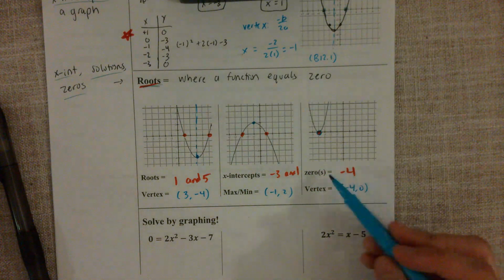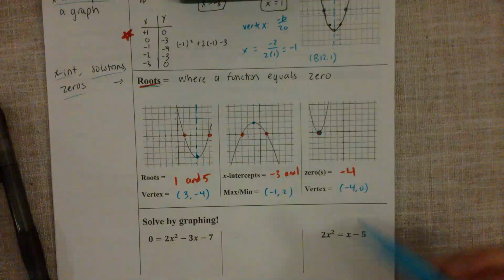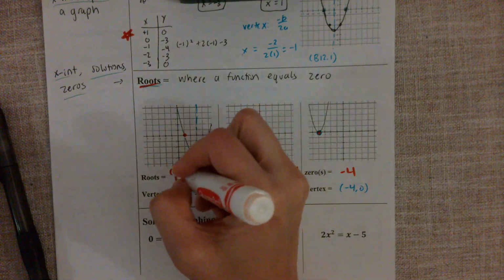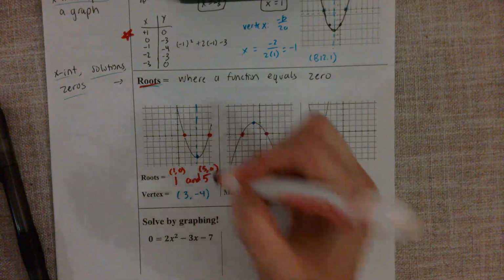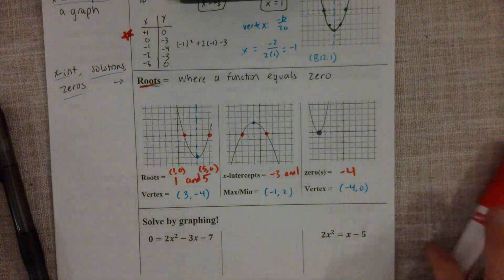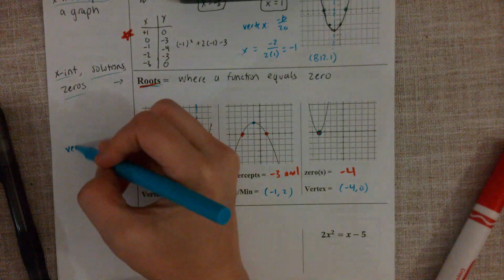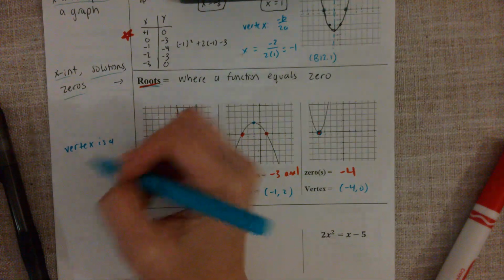You can have the 0 and the vertex be the same point, but it's not always that common. So roots you can write as a point too. So you could do like 1, 0, 5, 0. All right, so yeah, let's just be clear, right? Vertex is a point.